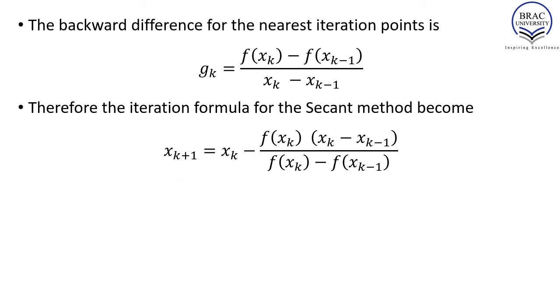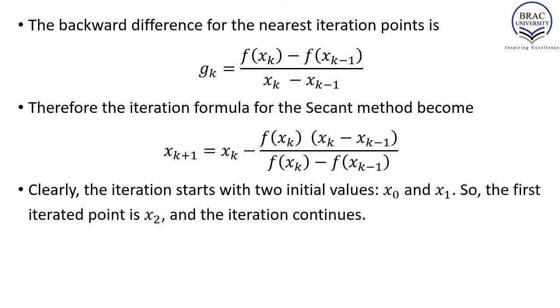Now what do we do here? To apply this iteration method, you can see that to start the iteration we need 2 points, not a single point, unlike any previous method. In the previous methods we start from a single point x0 and then start the iteration, but here we need two initial values, x0 and x1, and then we compute x2.